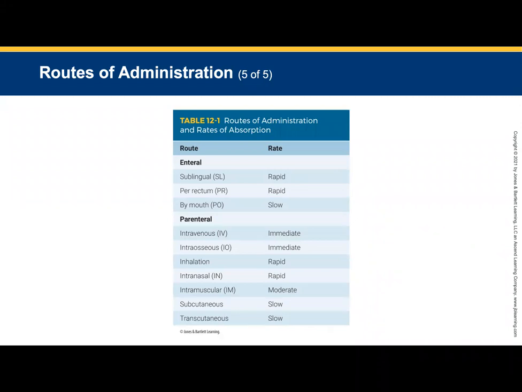They may ask you, what are some of the routes that medicines are given? Well, that is 3, 6, 9, 10 of them. If they list something weird, you know that's not the way it's supposed to be, because that's not what you learn. So that's all I'm going to say about that.